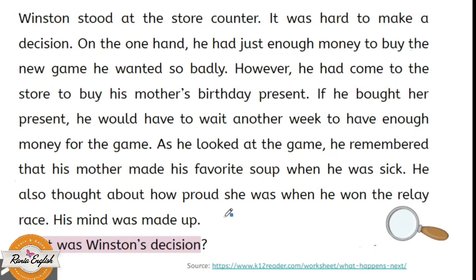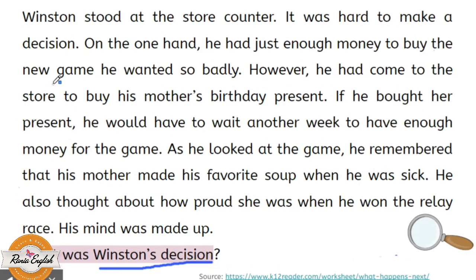That's the text. And the question is, what was Winston's decision? We don't have an explicit answer to what his decision was, but we can infer from the text that he had a dilemma here. He didn't know what to do. He was debating whether to buy a new game that he wanted so badly.